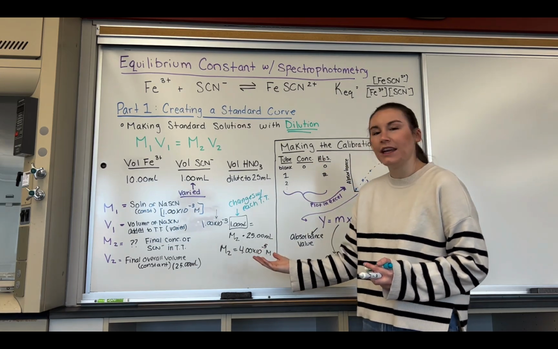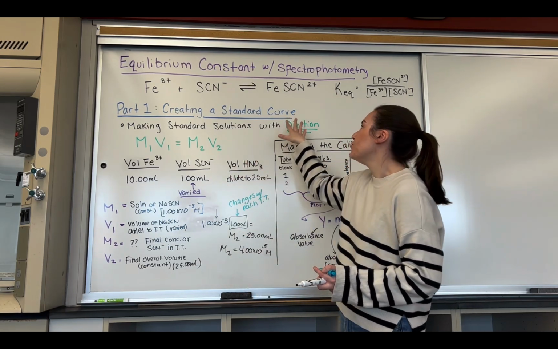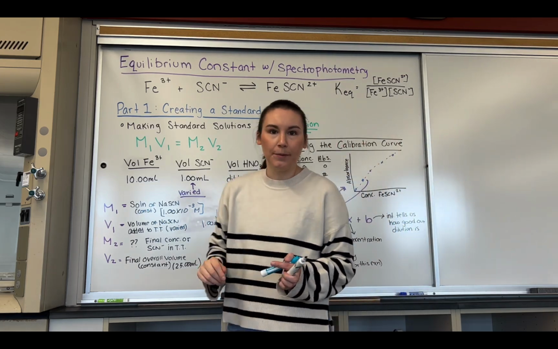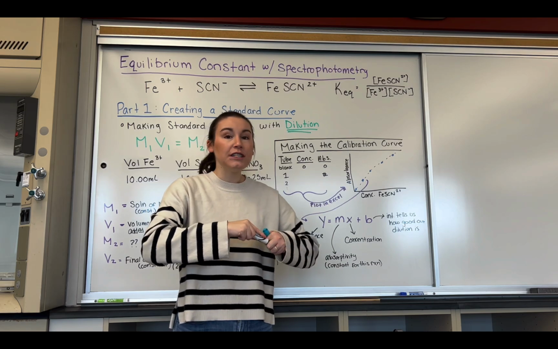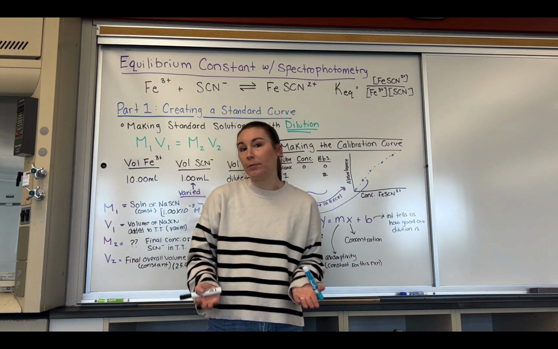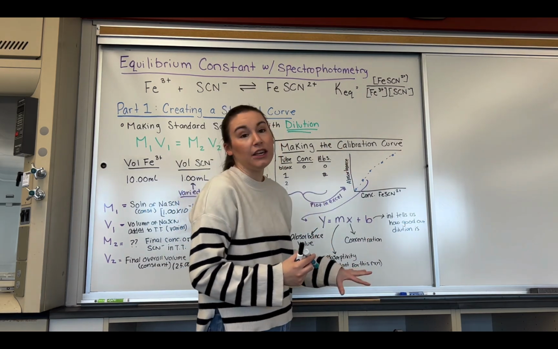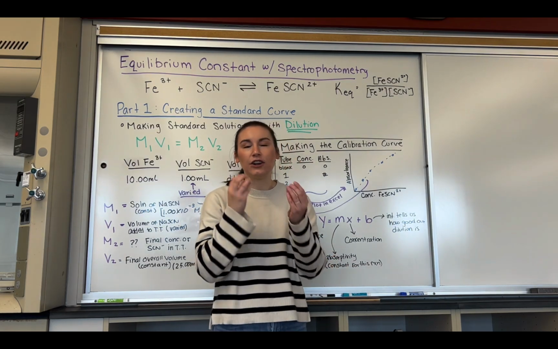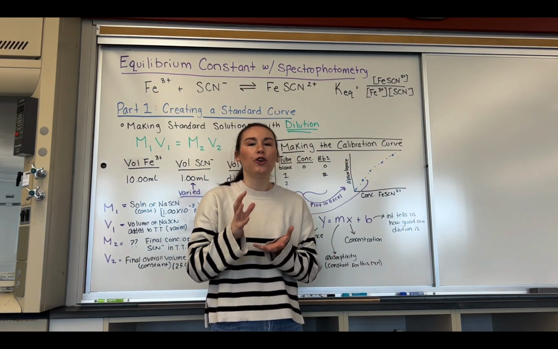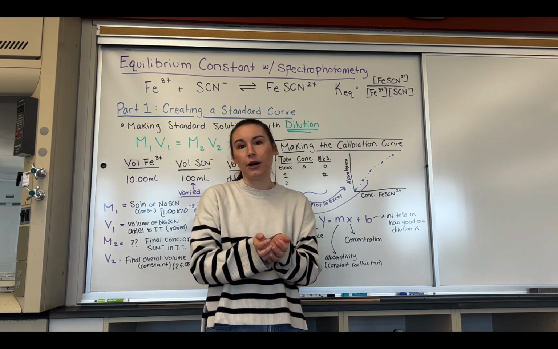What we then do with that information is going to be used to set up our standard curve. Now, if you took General Chemistry 1 with me previously, you learned about Beer's law and a Beer's law plot. And that's what we are doing here, where essentially we are going to take these different solutions that are slightly different colors, and we are going to put them into a spectrophotometer, okay?